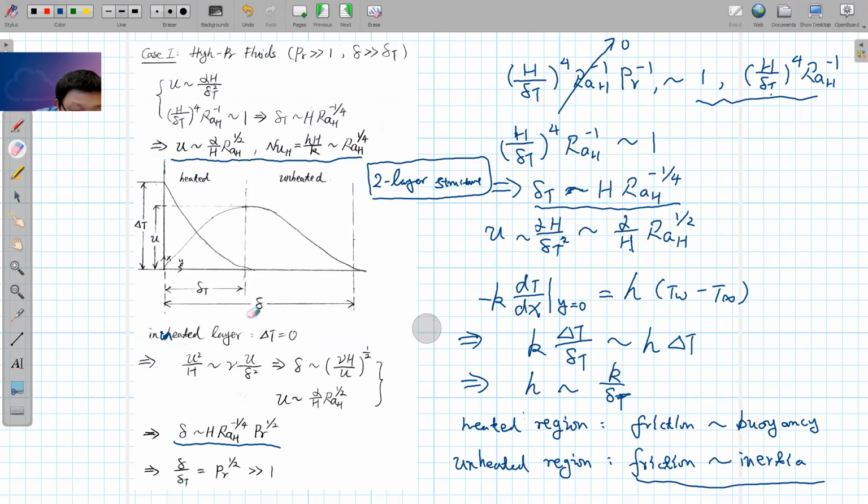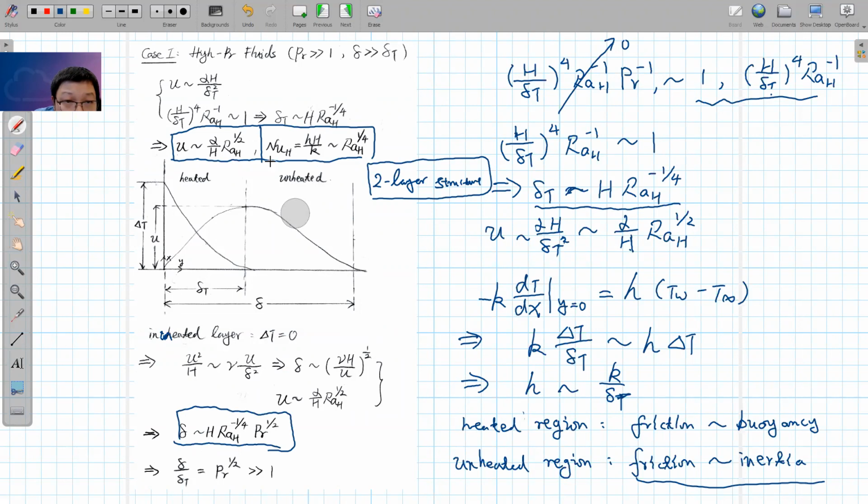So basically, these are the four important results we got from the scaling analysis.